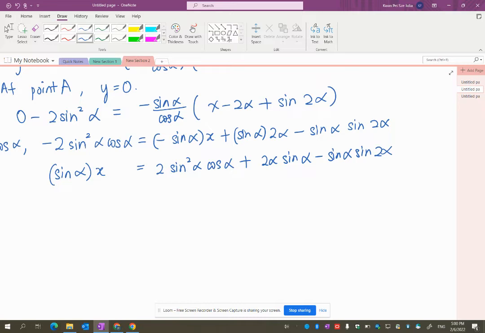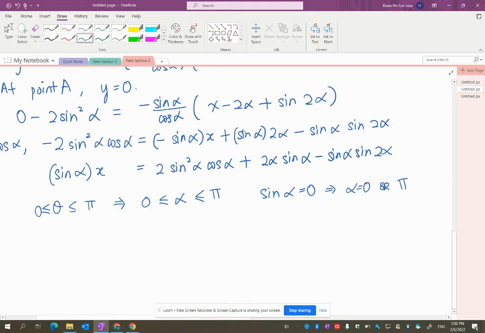Sine alpha is 0 when alpha is 0 or pi, because theta given in the question is between 0 and pi. Since theta equals alpha, alpha should also be between 0 and pi. So sine alpha equals 0 when alpha is 0 or pi.